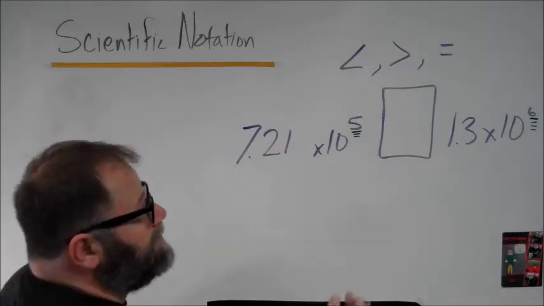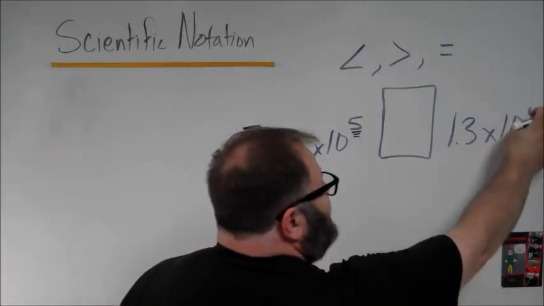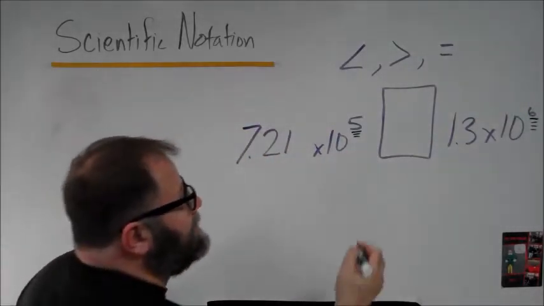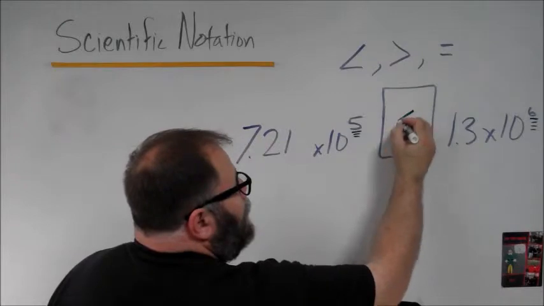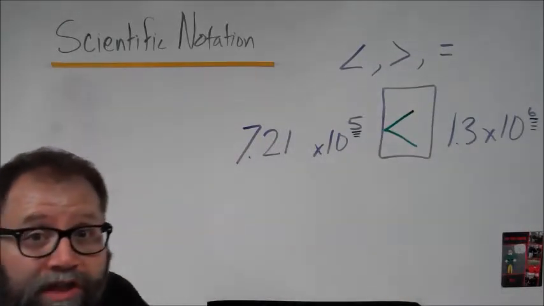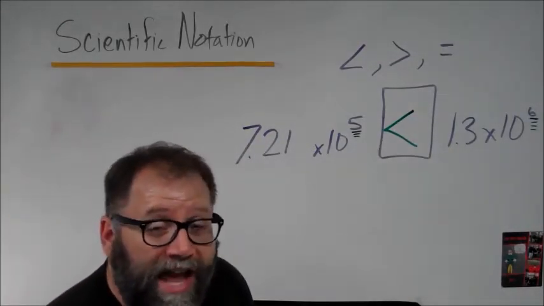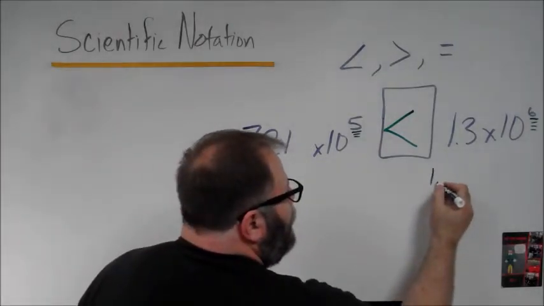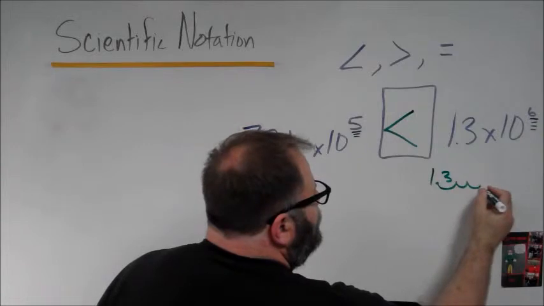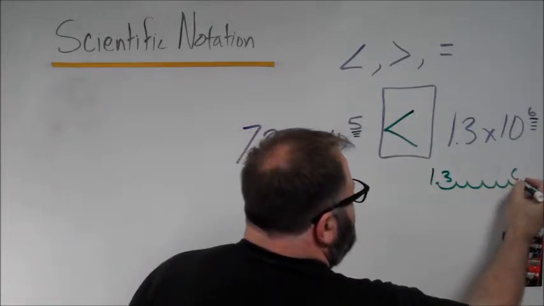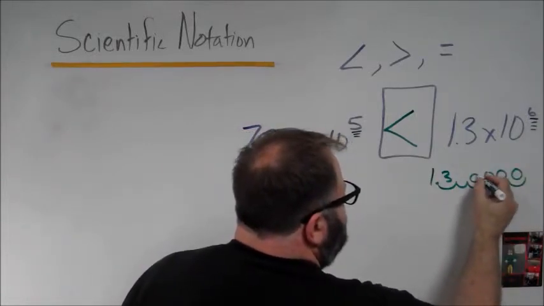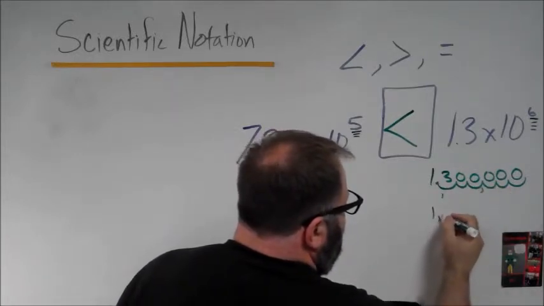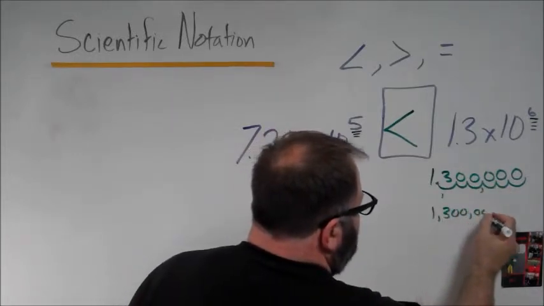So if we look at this, this is 1.3 times 10 to the sixth, 7.21 times 10 to the fifth, which means that this number is greater than this number by at least a power of 10. So if we look at this, we've got 1.3, 1, 2, 3, 4, 5, 6, 0, 0, 0, 0, 0. That is a comma there and a comma there. 1,300,000.